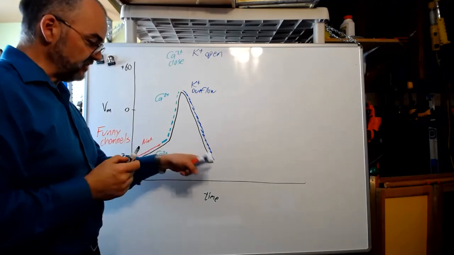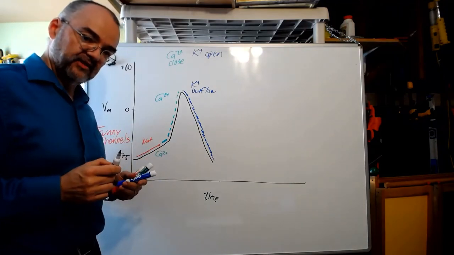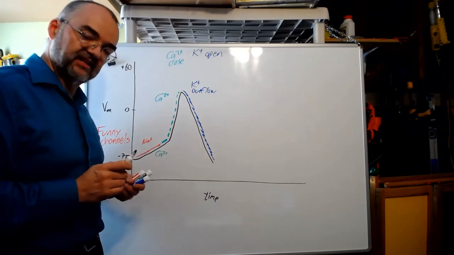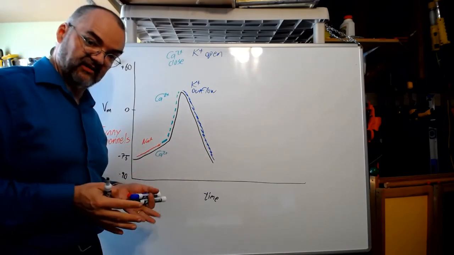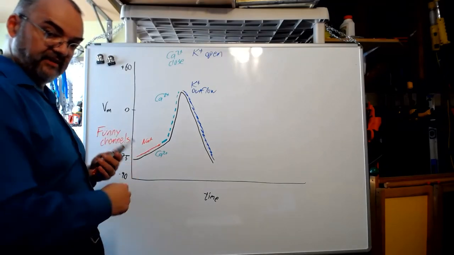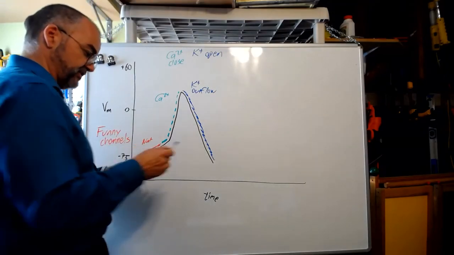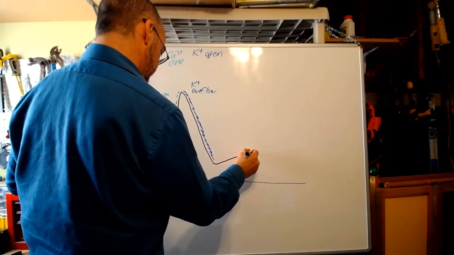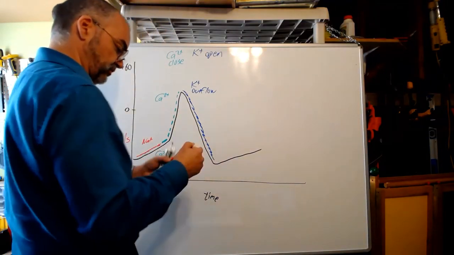When we get down toward negative 75, pretty soon after that the potassium channels will close. But the interesting thing that happens there is rather than staying there at resting membrane potential, that's where these funny channels come in. So the funny channels open at around negative 75 and will start bringing us back up toward threshold.